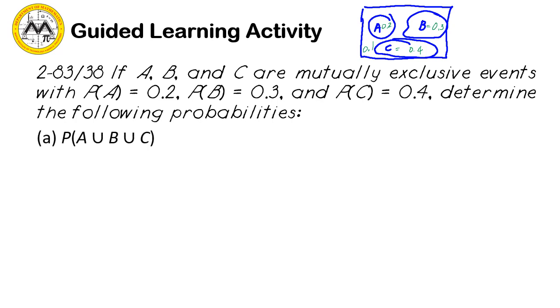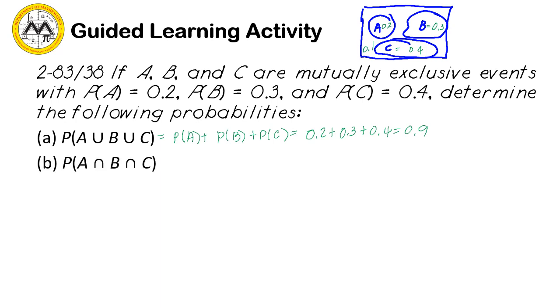Determine the following probabilities. A union B union C. Since they are mutually exclusive, this is equal to P of A plus P of B plus P of C. So that would be 0.2 plus 0.3 plus 0.4, equal to 0.9.